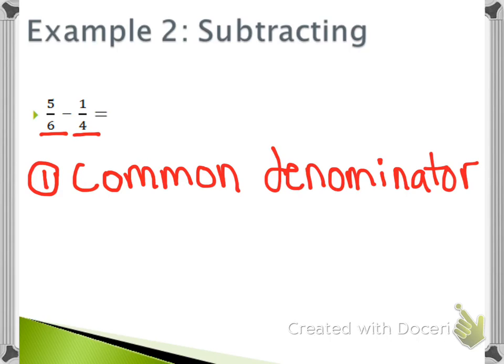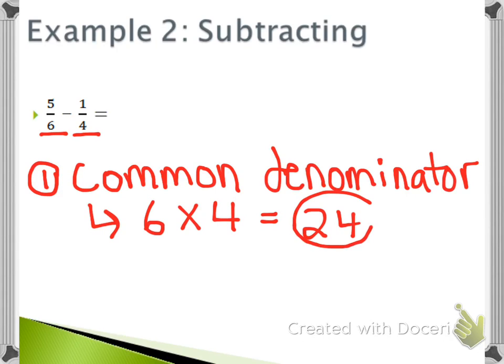And we're going to do the same thing we did before. We're just going to multiply the two denominators in our problem, 6 times 4. That's going to give us 24. And so 24 is our common denominator for this second example.